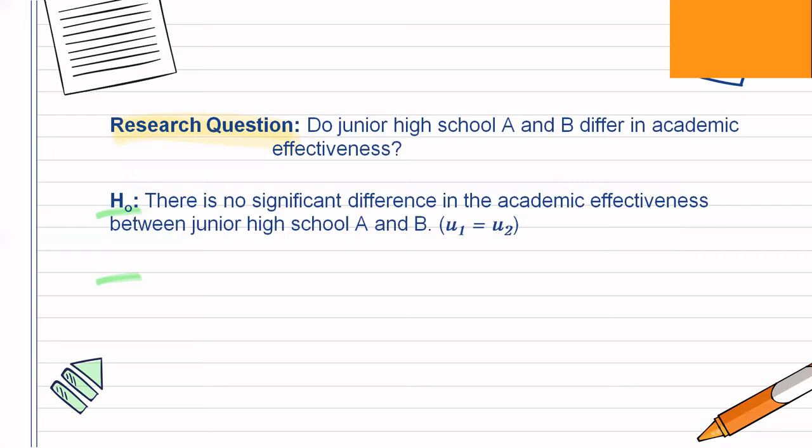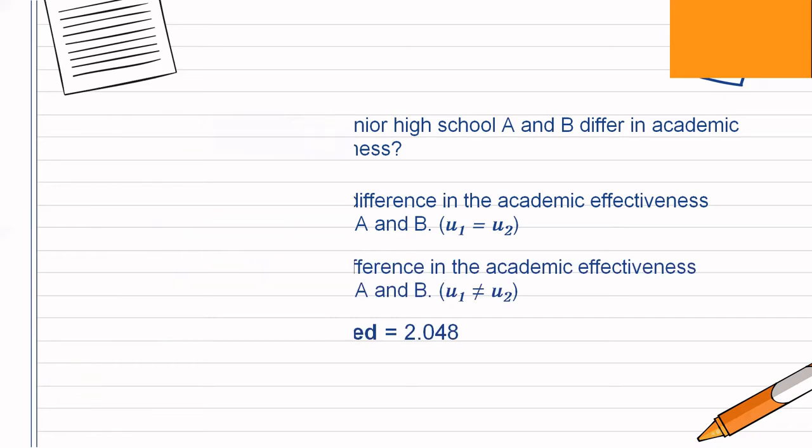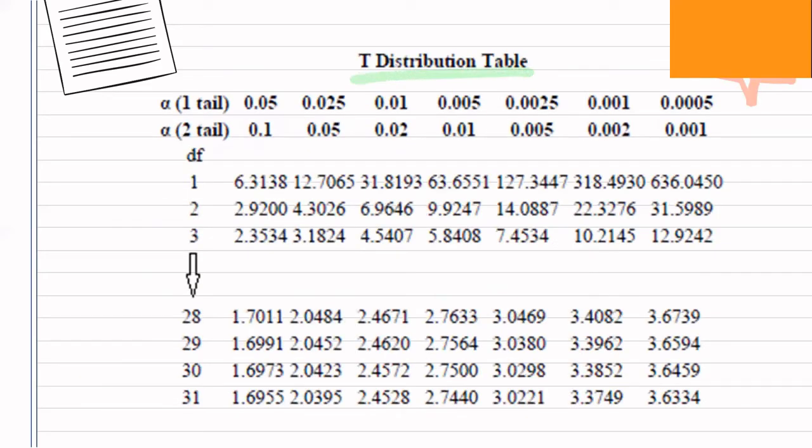Our null hypothesis is that there is no significant difference in the academic effectiveness between junior high school A and B, while our research hypothesis is that there is a significant difference in the academic effectiveness between junior high school A and B. Now we set our significance level at 0.05 and degrees of freedom is 28, and we use the two-tailed critical value of 2.048. How do we get 2.048? We look at the distribution table.